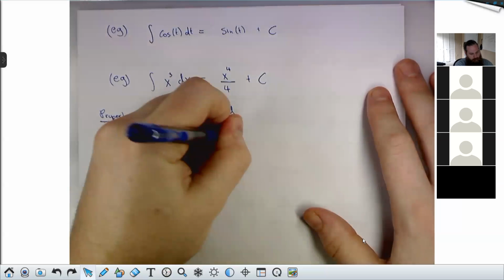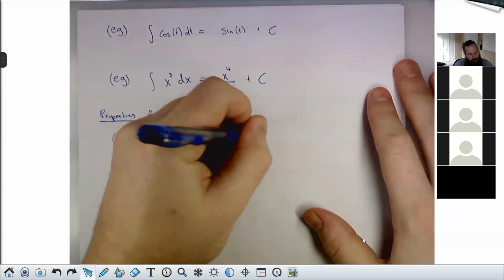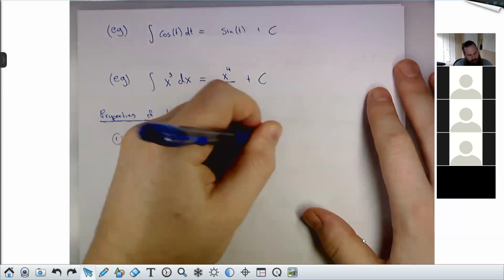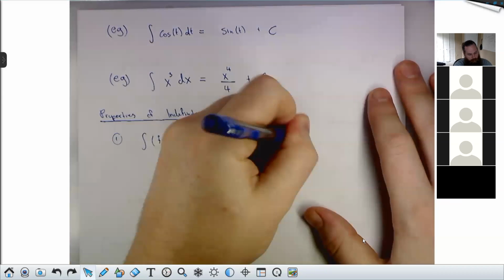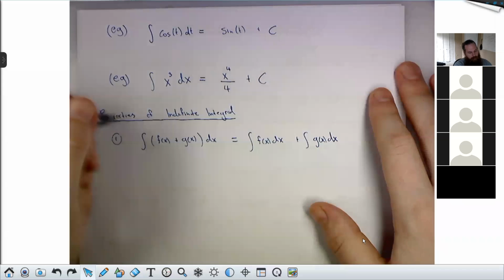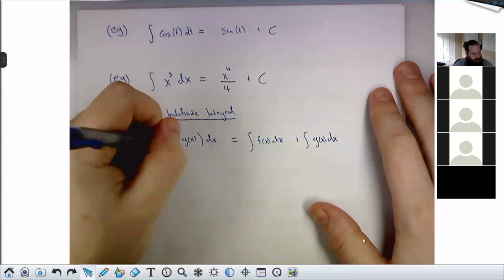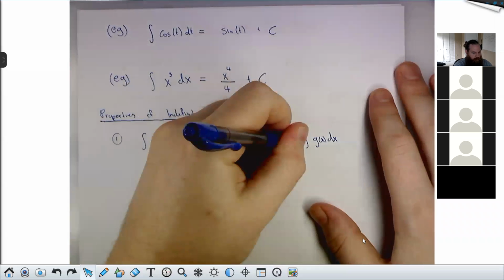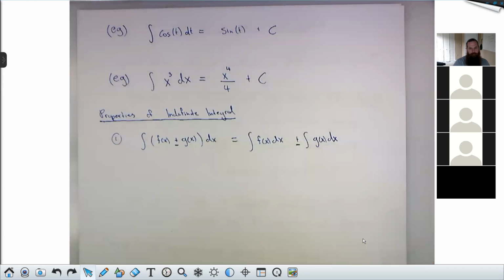This, just like the definite integral, can be split up. It's the integral of f of x dx plus the integral of g of x dx. And if this plus were a minus, then this plus would also be a minus.